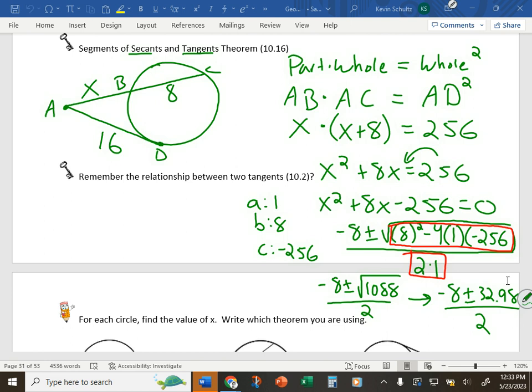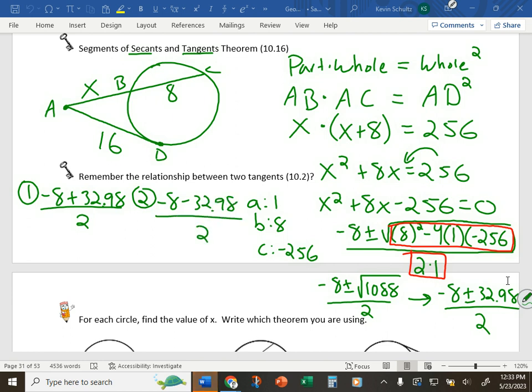One with plus, the other with minus. So your first solution will be negative 8 plus 32.98 divided by 2, and your second one will be negative 8 minus 32.98 divided by 2.